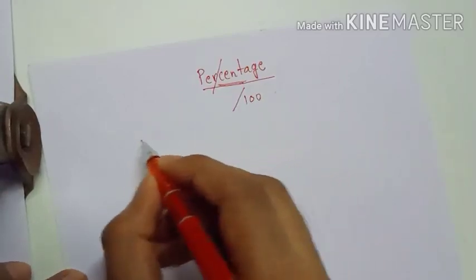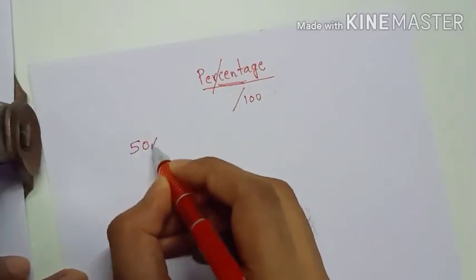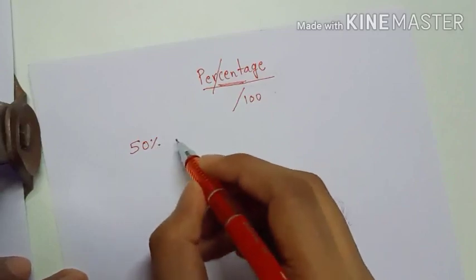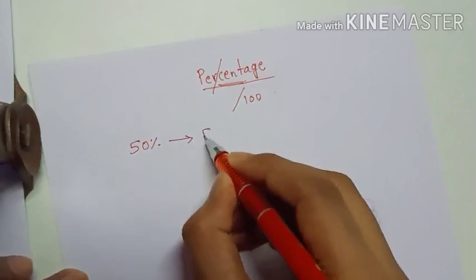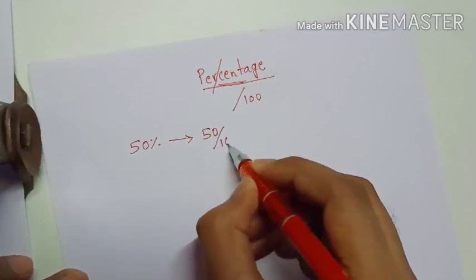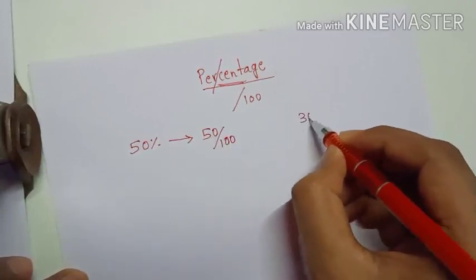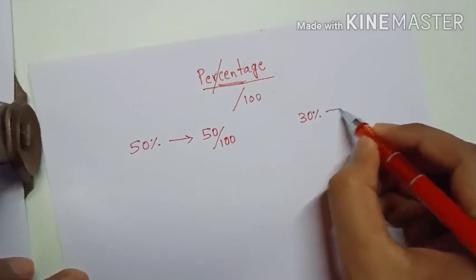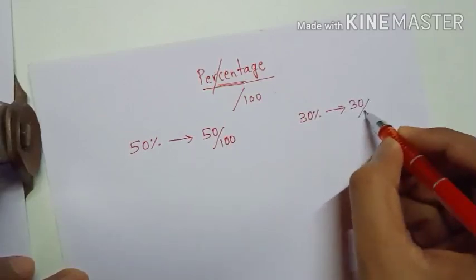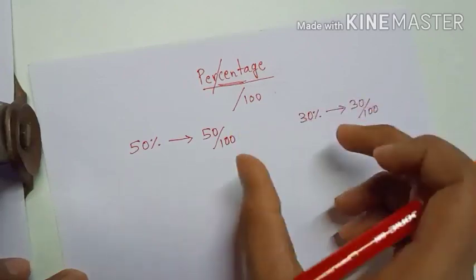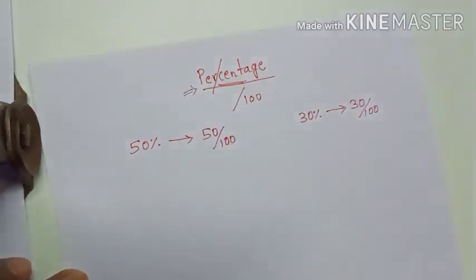Suppose I say 50%, so 50% means 50 per century, that is 50 per 100. If I say it is 30%, it means 30 per 100. That is the actual meaning of the term percentage.